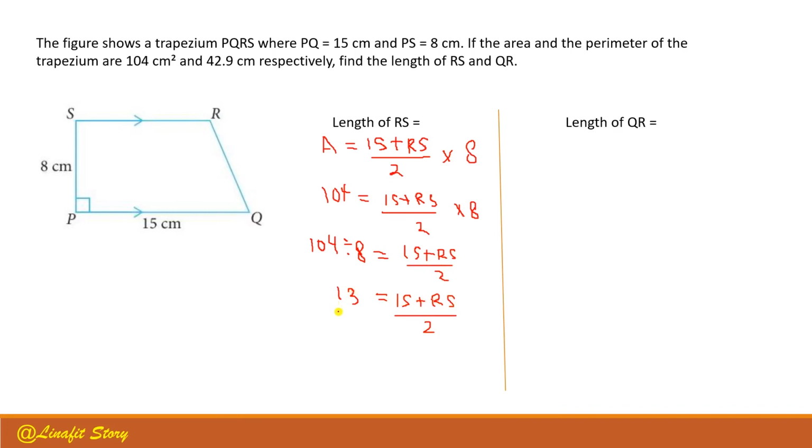We will convert 13 to a fraction, so 13 out of 1. Then cross multiplying. So 13 times 2 is equal to 1 times 15 plus RS.